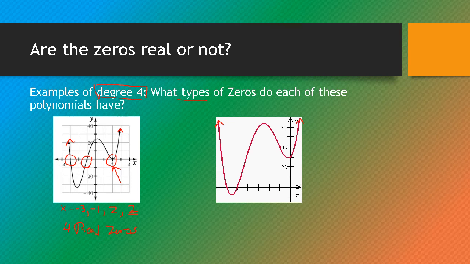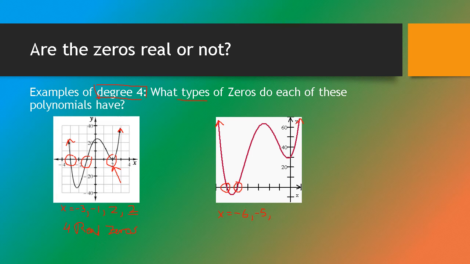In the second example, we'll do the same thing. We'll start counting. So here we see 1. Let's see, 1, 2, 3, 4, 5, 6. So that's -6. Here's another one at -5. Uh-oh, I don't see any other x-intercepts. Well, what does that mean about the zeros?